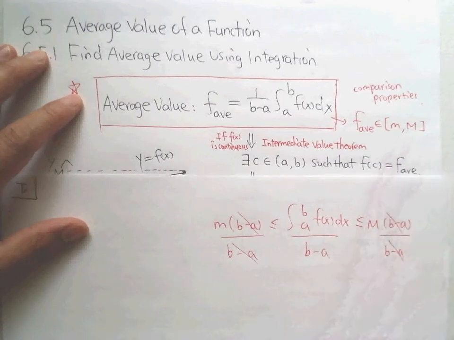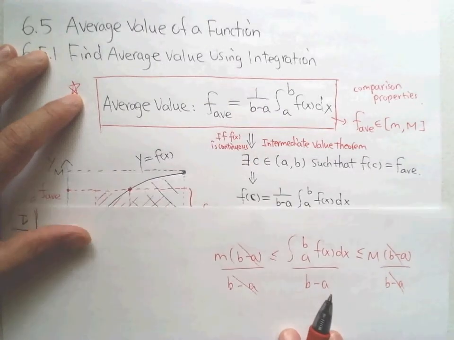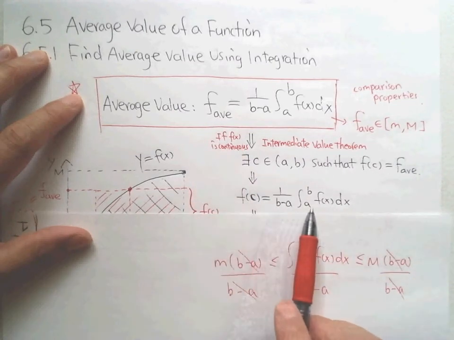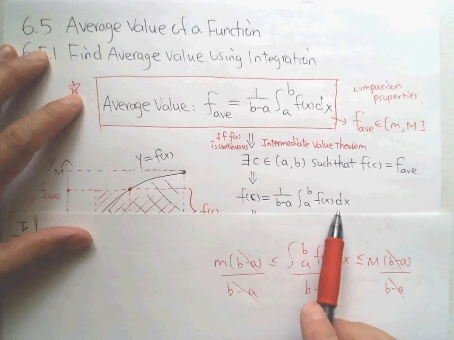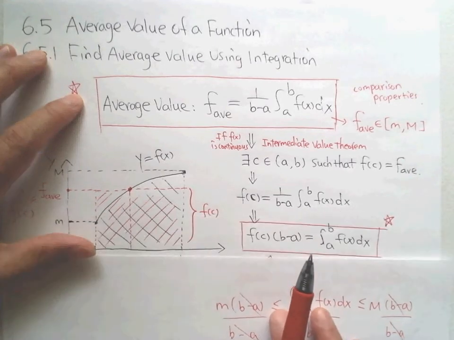Then we plug f(c) in. Now f(c) equals this definition, and then times b minus a on both sides. See what we get? We will exactly get this result.